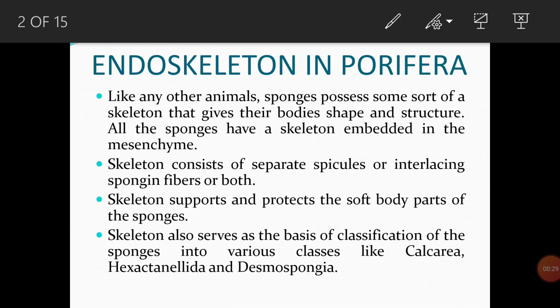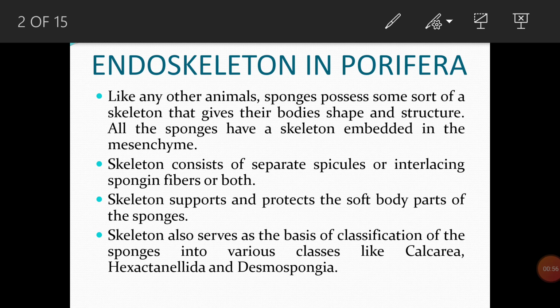Like any other animals, sponges possess some sort of skeleton that gives their bodies shape and structure. All the sponges have a skeleton embedded in the mesenchyme. The skeleton consists of separate spicules or interlacing spongin fibers or both.